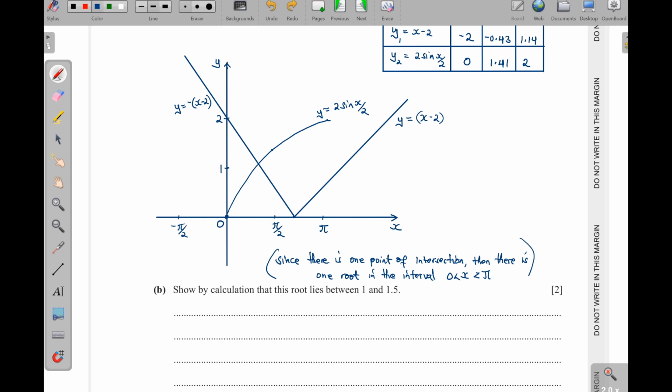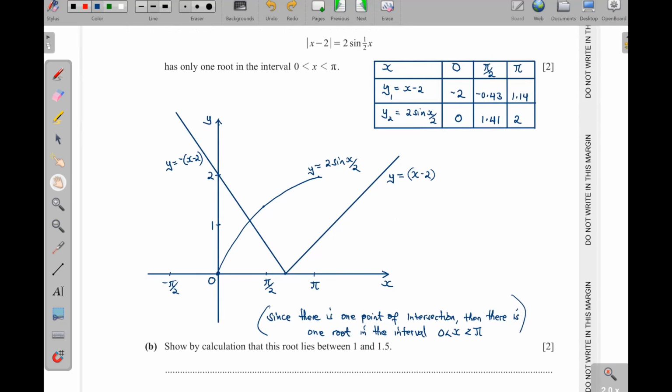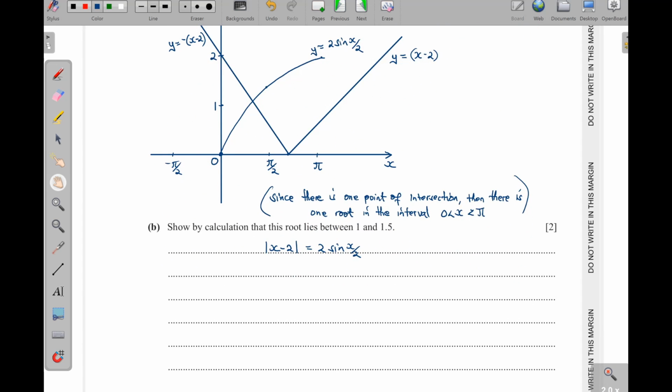You get it? Okay, so from what we are given here, I can put everything onto one side. So we can have the modulus of x minus 2, which is equal to 2 sine of x over 2. Then we bring everything onto one side. So modulus of x minus 2, minus 2 sine of x over 2 is equal to 0.